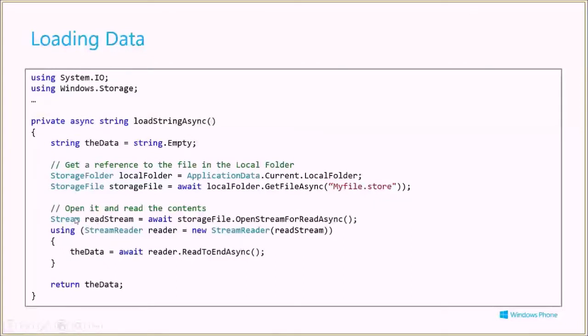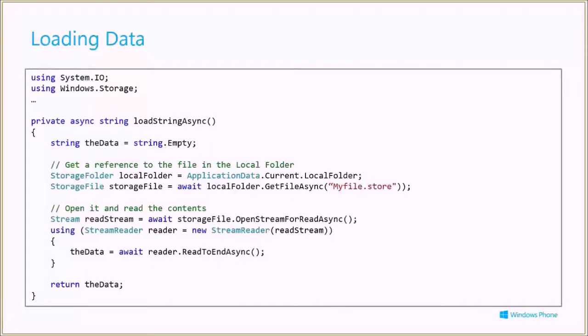We first of all create a stream, that's a stream to the file: read stream, storage file dot OpenStreamForReadAsync. So it's the stream so that you can read the file, and then this is the stream reader where you can read the content of the file. So read to the end, and then load the results of what you read into the data, which is the string that we've created here, and then you return that value.